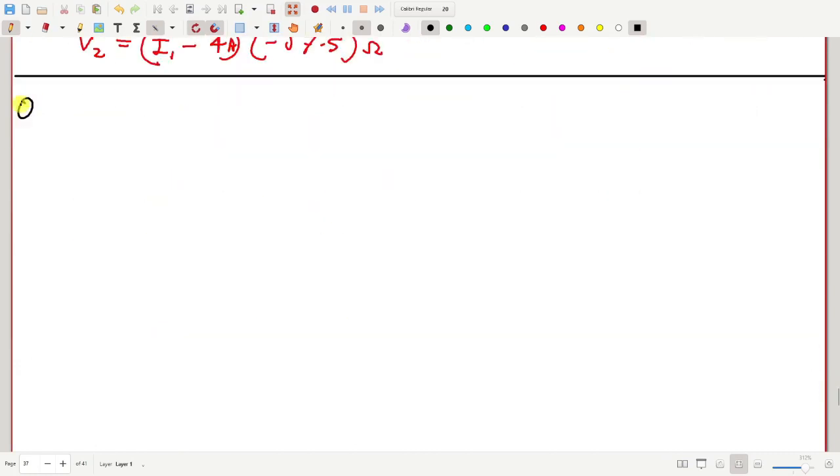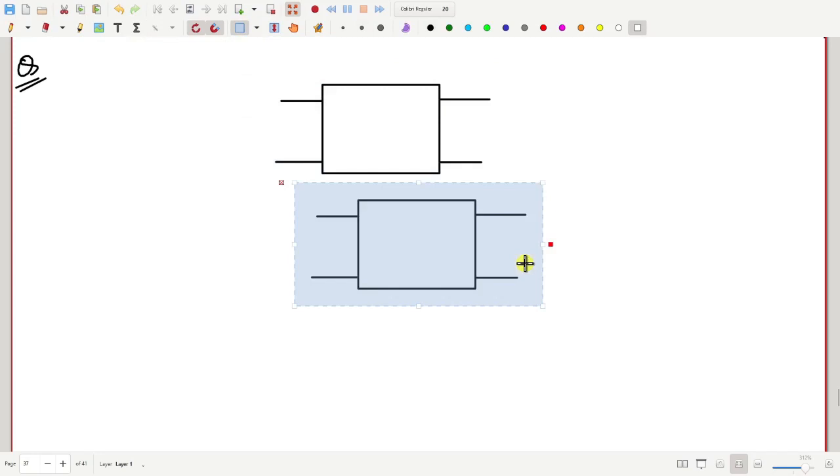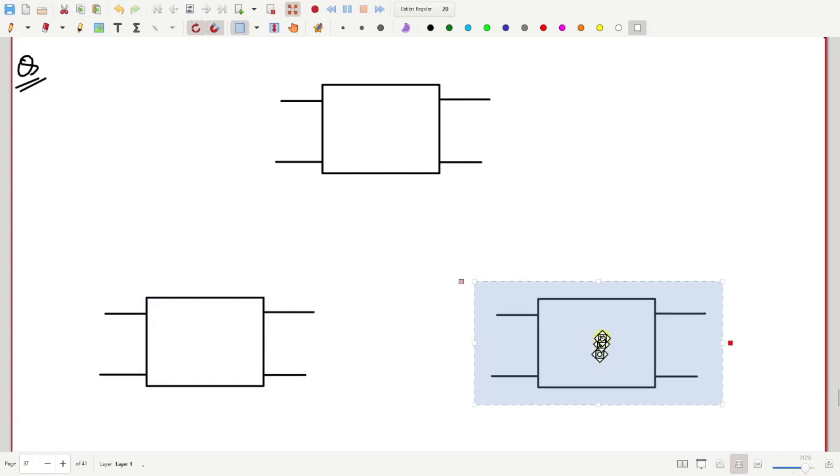Maybe one last question we can take is this. Suppose I have 3 transformers, all ideal. And they are connected, and suppose this is 1:2.